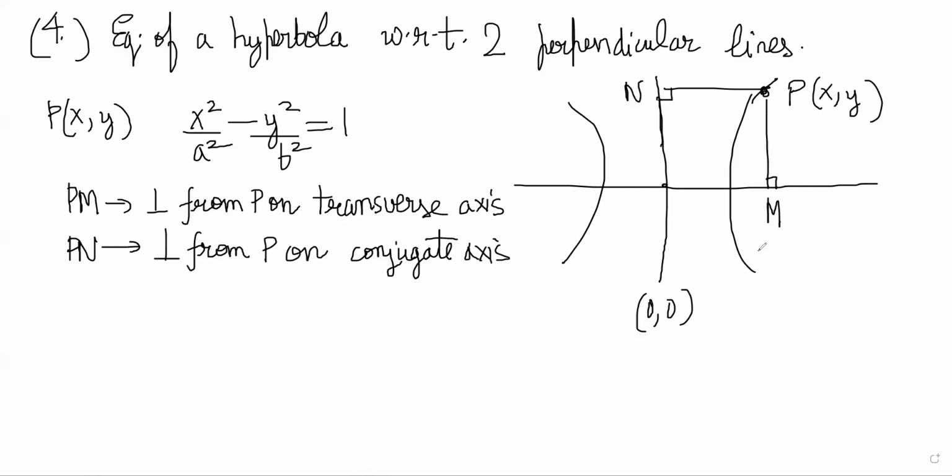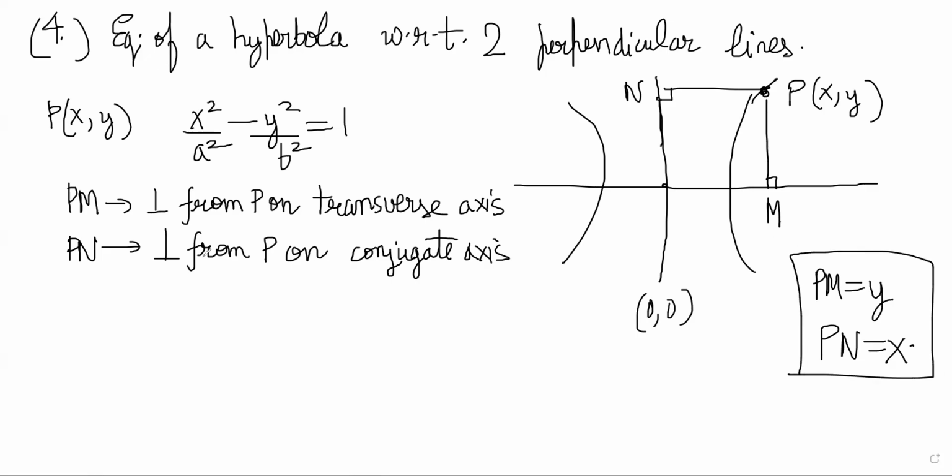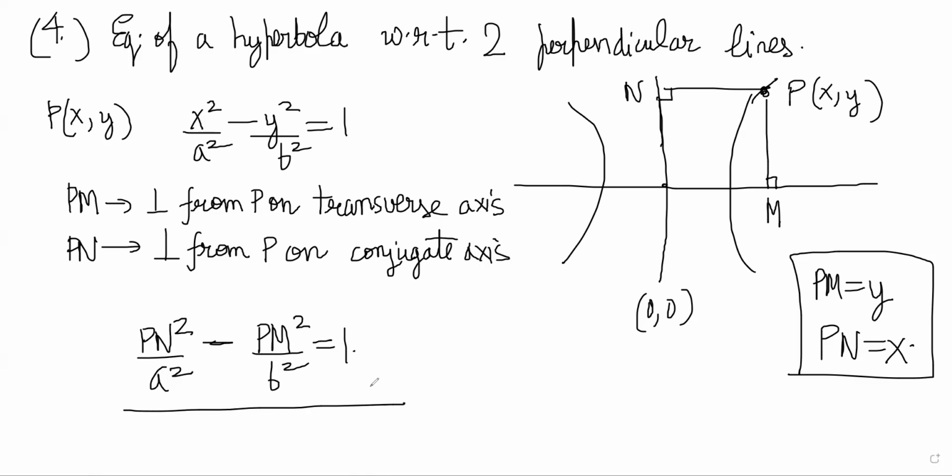We can see clearly that PM is equal to y and PN is equal to x. So the equation of the hyperbola can also be written as PN square by a square minus PM square by b square is equal to 1.